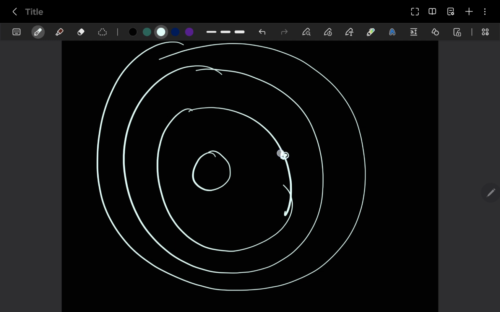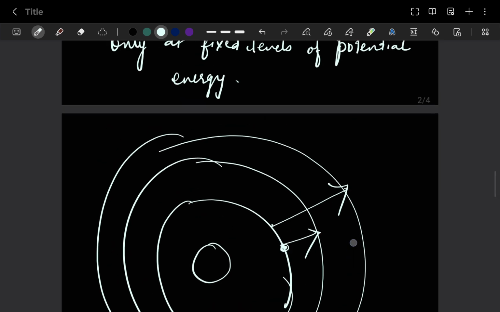Suppose an electron in the first shell gets energy and gets excited and jumps to a higher energy level, or if it gets more energy, it will go to the next energy state. Now this is the first step of photosynthesis. The electrons of the chlorophyll molecule get excited when they get light energy, photons, and jump to the next energy level.